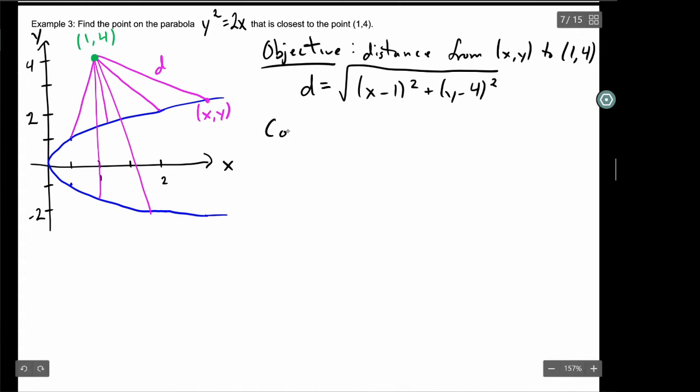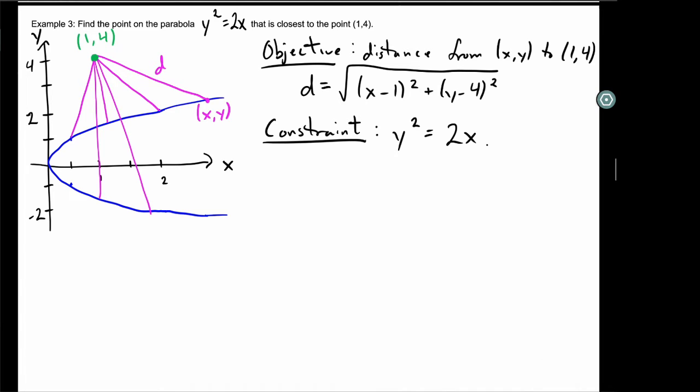For our objective function, all we've said is it's the distance from (x, y) to (1, 4). We've not said anything about where (x, y) has to be. We want our point to be on this parabola, so our constraint is just the parabola. It's what we're restricted to.